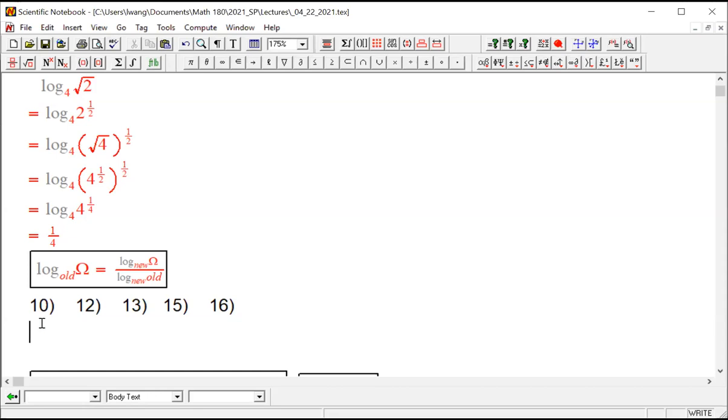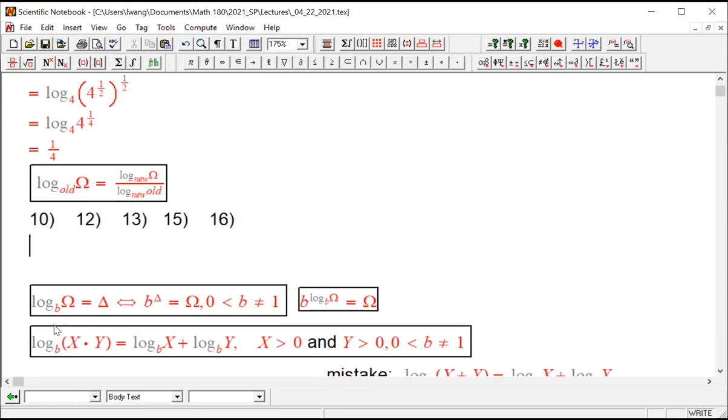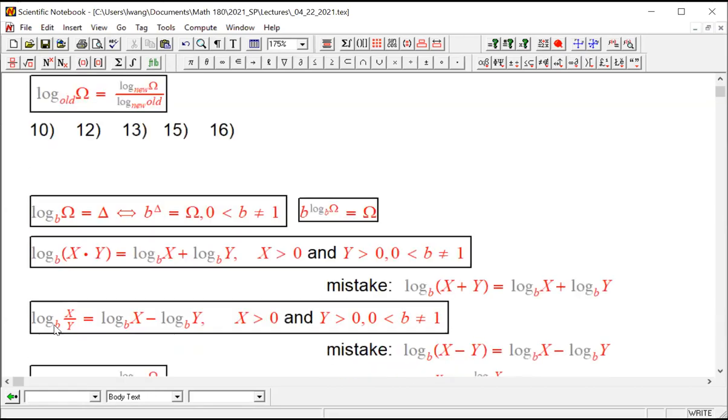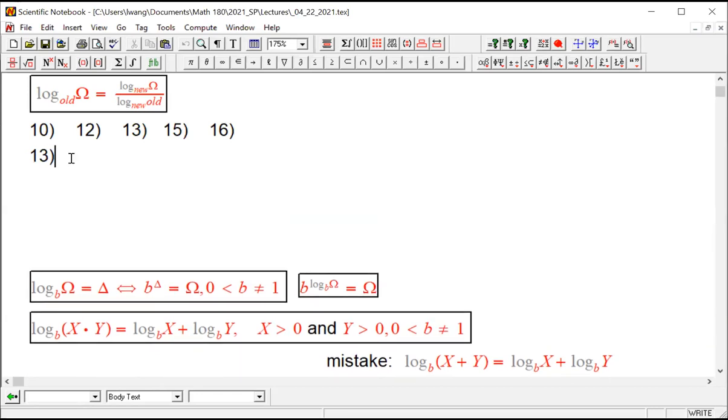So we passed number 10 and 12. You guys did a very good job on number 10 and number 12. So how about number 13, 15, 16?